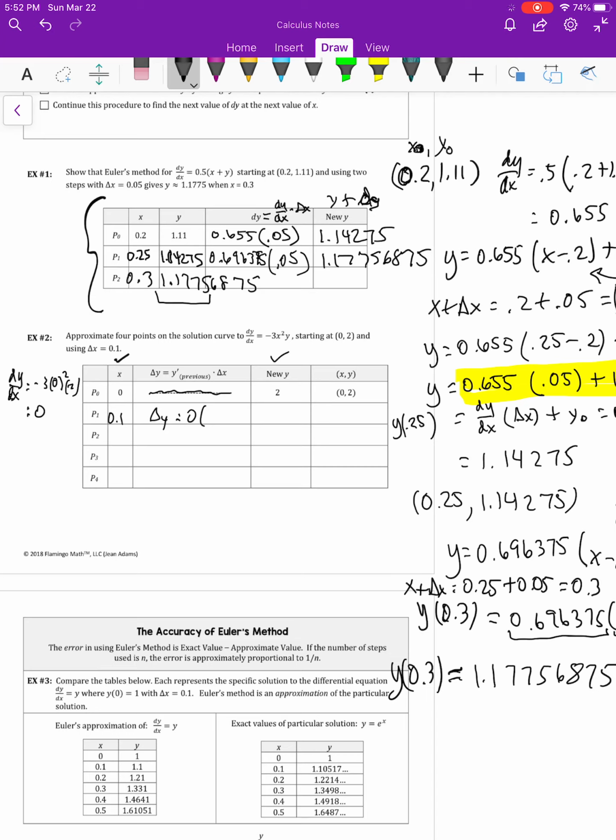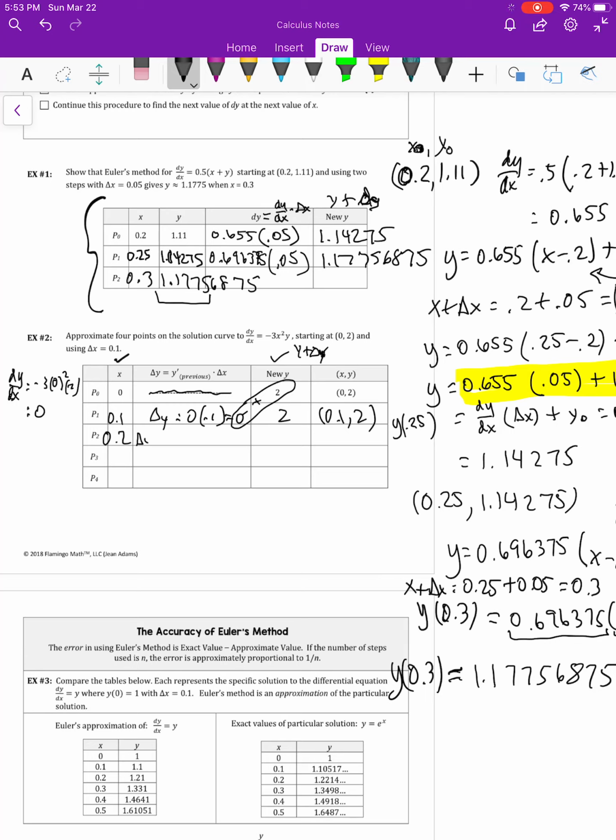So your delta y is going to be 0 times 0.1, which is 0. And so your new y value is going to be 2 plus 0, because remember, this new y value is your y plus your delta y. These two added together give you that. And so your new point is 0.1 comma 2.